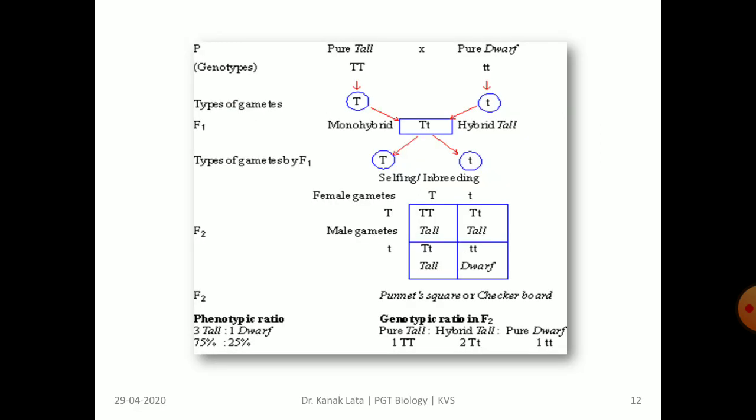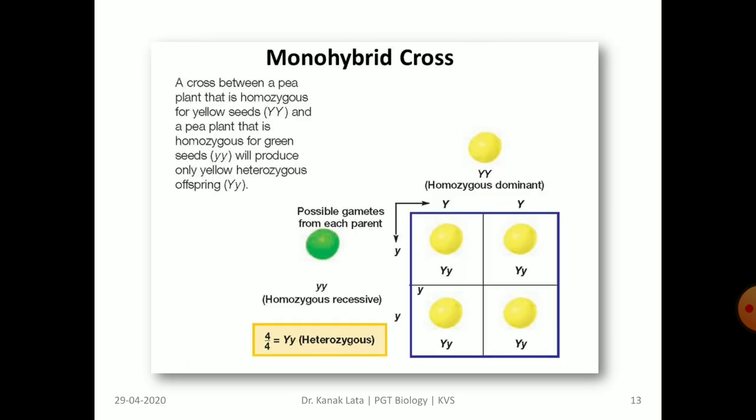This figure clearly shows how the cross between pure tall and pure dwarf plants is done to get different ratios in phenotypic and genotypic expression. This is also about monohybrid cross with yellow and green seeds.